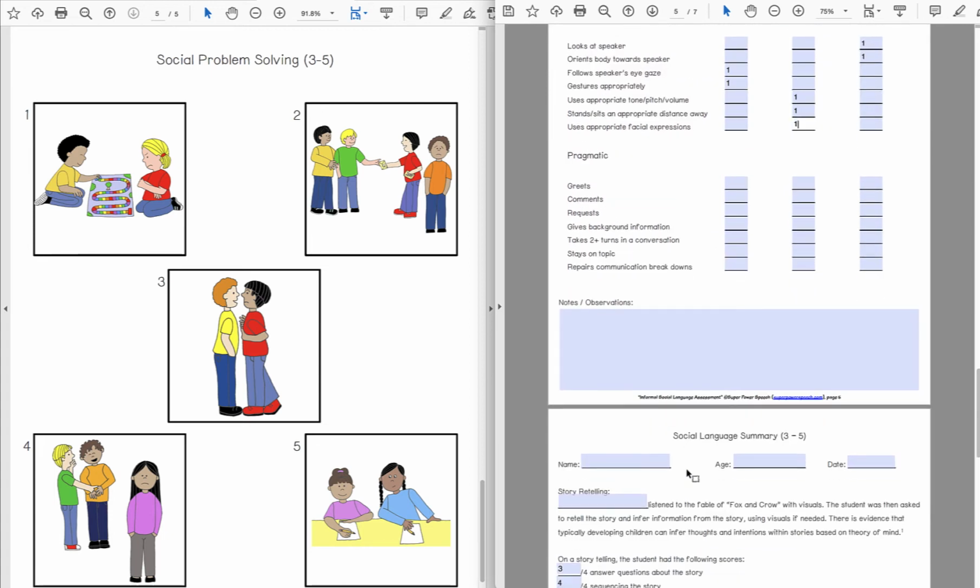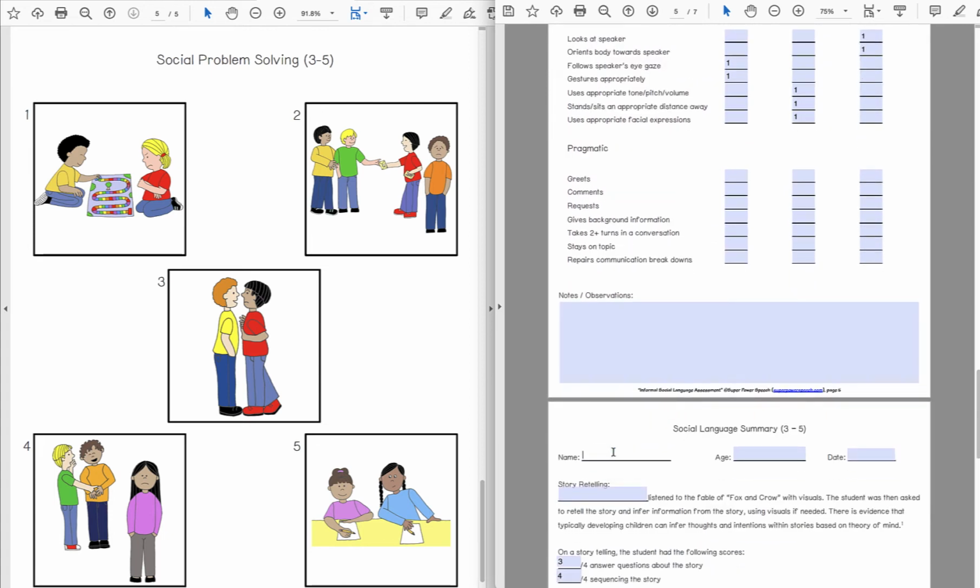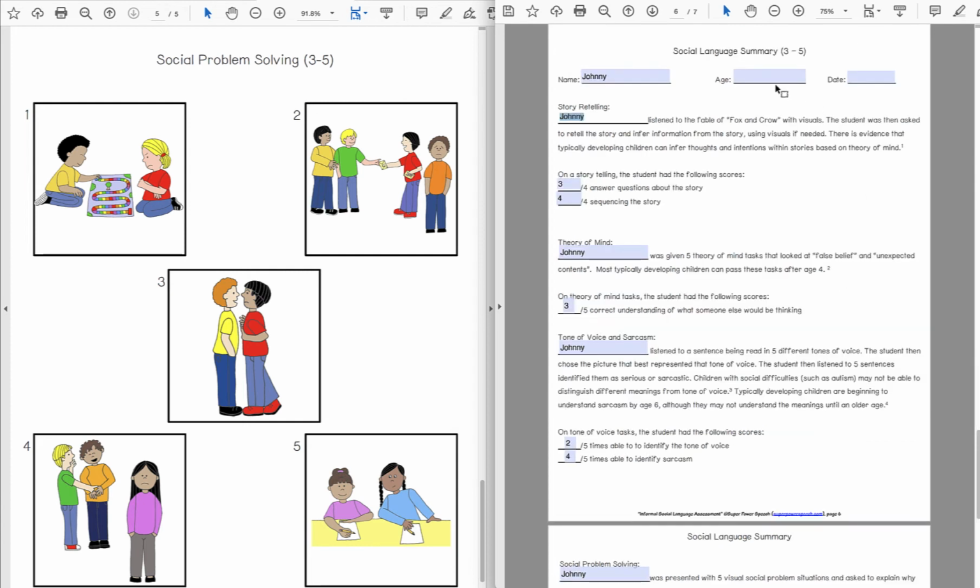Now, what I think is really beautiful here is this form will actually start to fill itself in. So this is an 8-year, he's 8 years and 1 month. The day is January 1st, 2021. Okay, so I put in Johnny here. It will automatically fill in here.